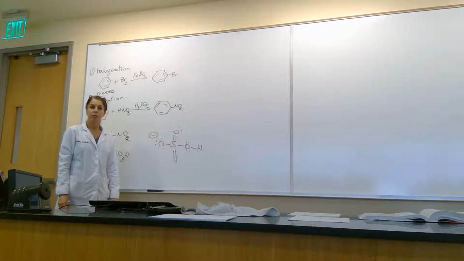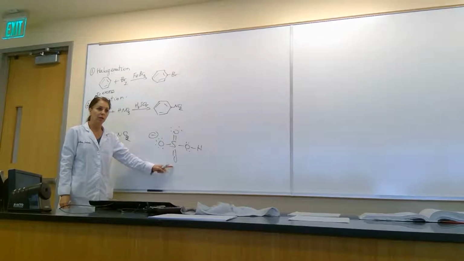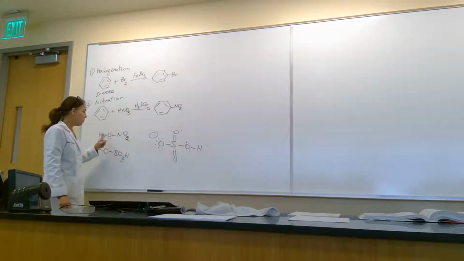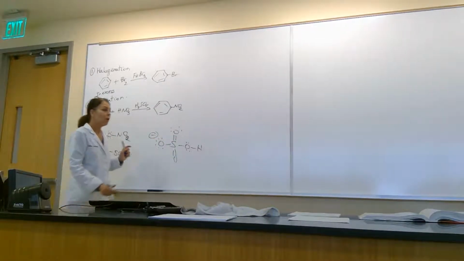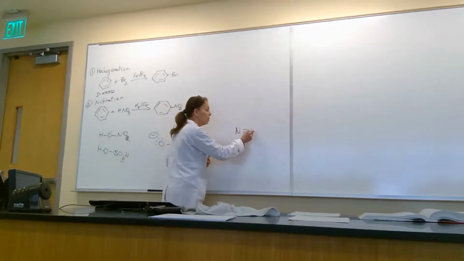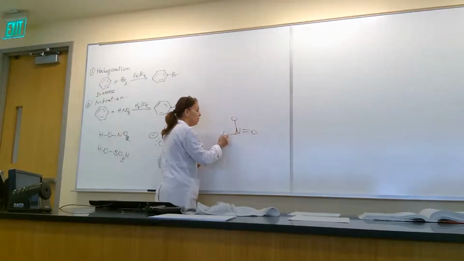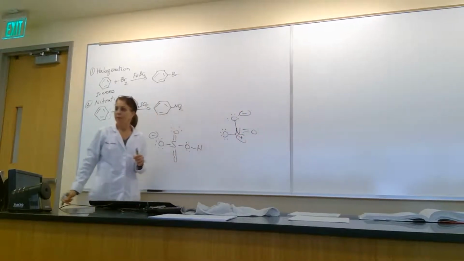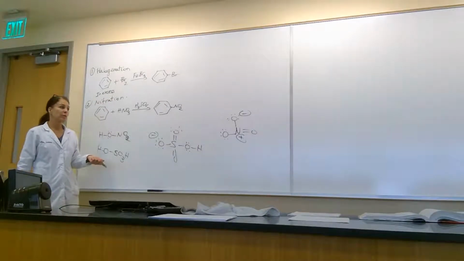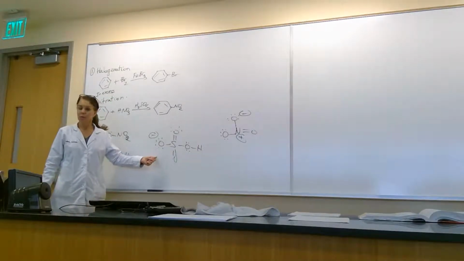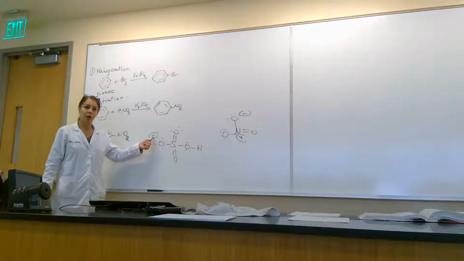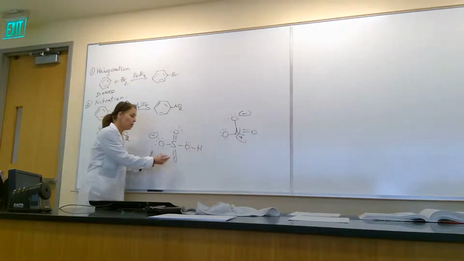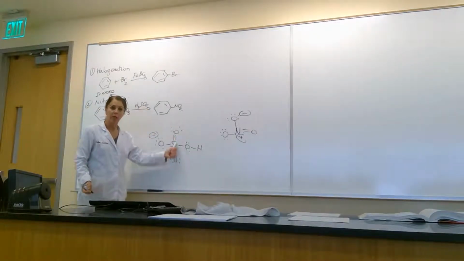How many resonance forms you can write, and also that negative charge will be distributed into all these. Whereas if we write the negative form of NO3, plus, this is minus. You see which one is more stable. This one is more stable because that extra negative charge is distributed around these three oxygens.